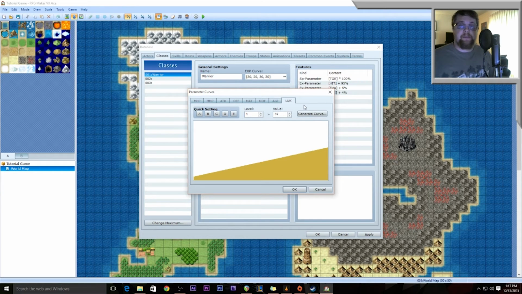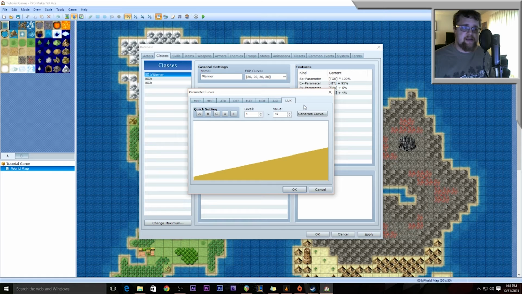Then you've got luck. Luck is not necessarily set to any one archetype. Sure, characters like thieves, ninjas, rogues, things of that nature might have a higher luck, because what luck actually does is it determines your chances of getting a critical hit and things of that nature. So while thieves might have a higher chance of that, really it comes down to a character basis, not just class, but the character itself.